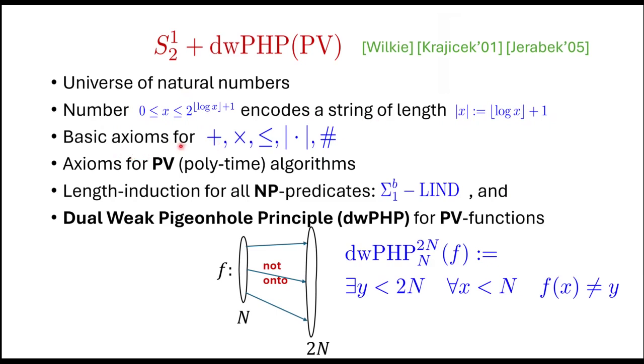And now we have basic axioms for plus, times, less than or equal, size, and the smash function. Now the smash function is the following. It's going to allow us to describe polynomial growth for lengths. Specifically, it's going to allow us to do x sharp y, which is defined to be 2 to the size of x times size of y.